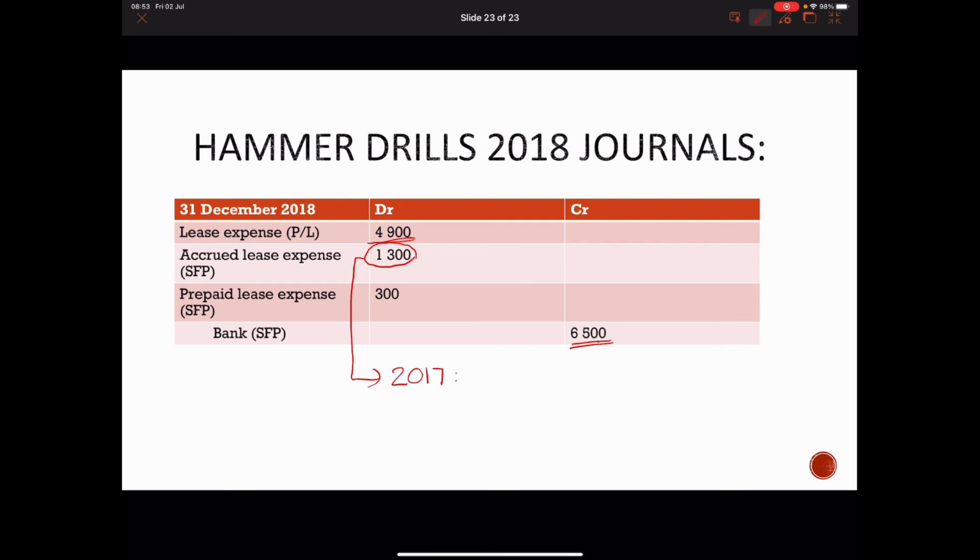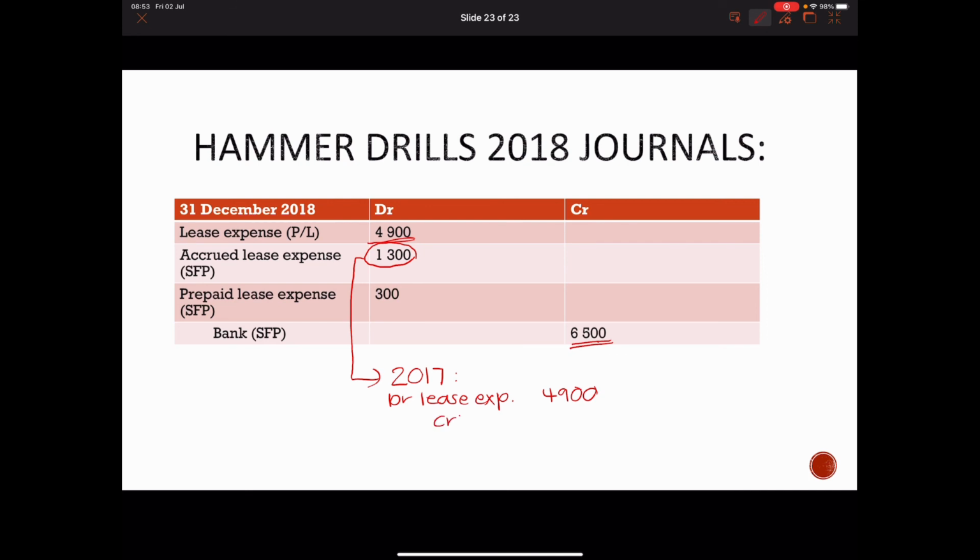So in 2017, you would have done the following journal entries. You would have debited lease expense with the 4,900 Rand because this is the lease expense you've calculated using the straight line method.